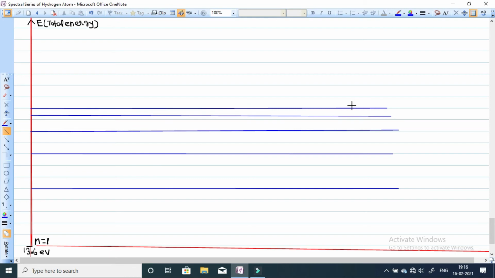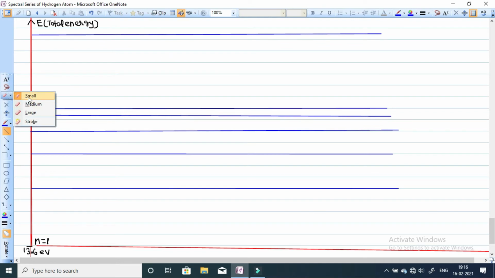In this way we can choose, and similarly we can take n is equal to infinity also. Similarly, as we keep on moving, I'm representing it by a dotted line.